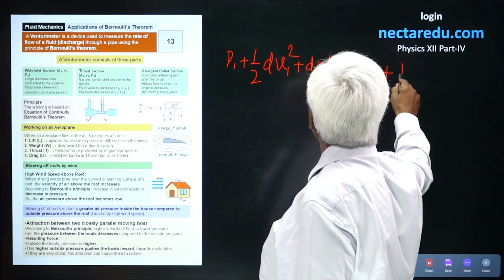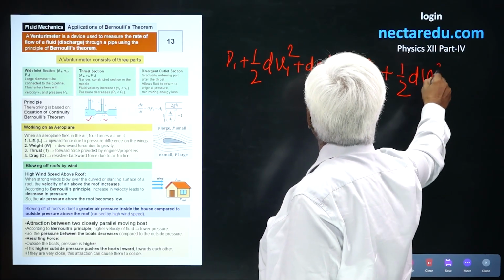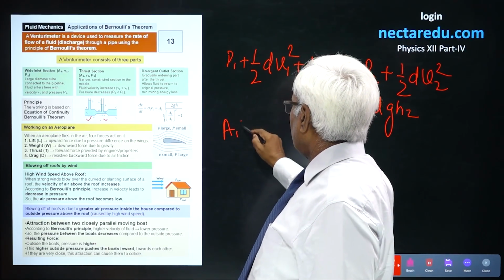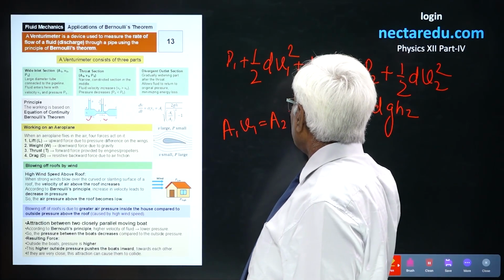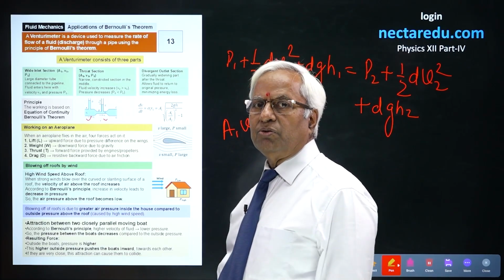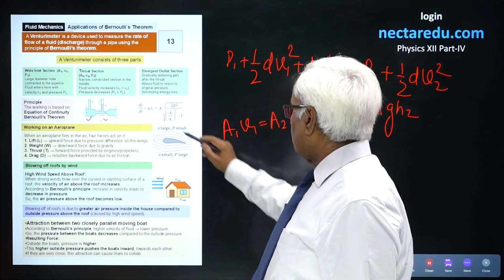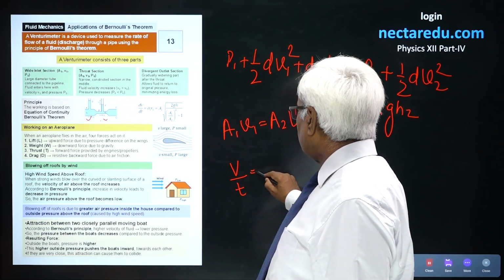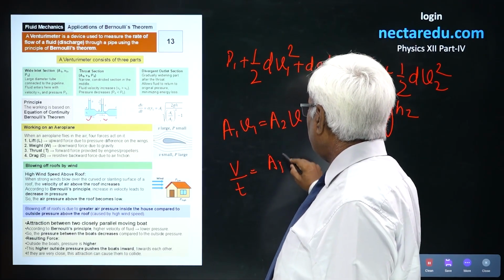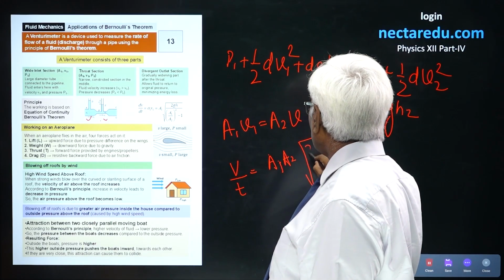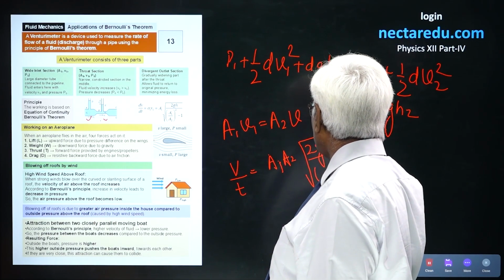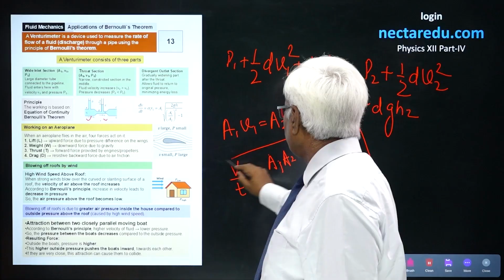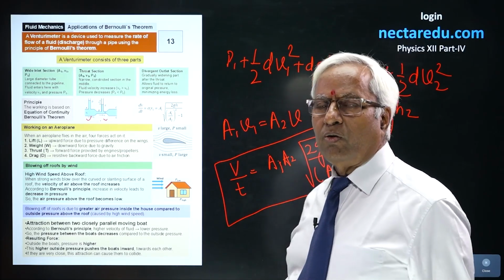Similarly here, and after a few steps, along with the law of continuity, if you simplify the two, you'll conclude that the rate of flow of volume, that is V upon T, comes out to be A1 A2 root 2gh upon A1 square minus A2 square. This is the rate of flow of volume.